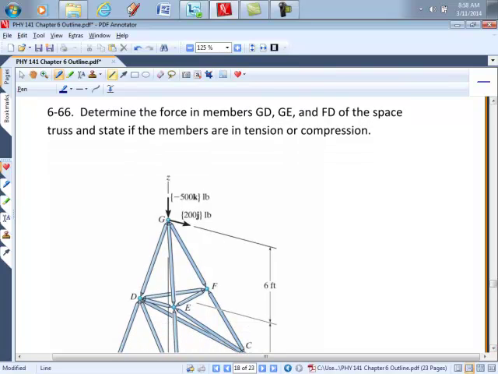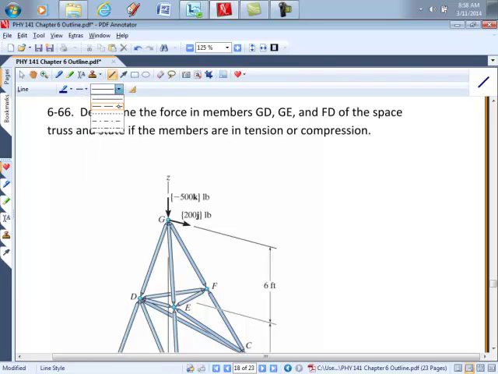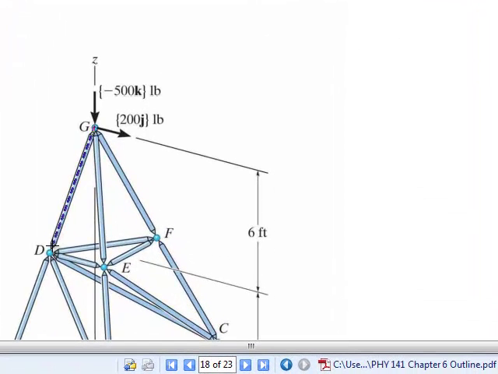We're going to be looking for GD, GE, and FD. So what kind of a strategy would we have to find those 3 members?